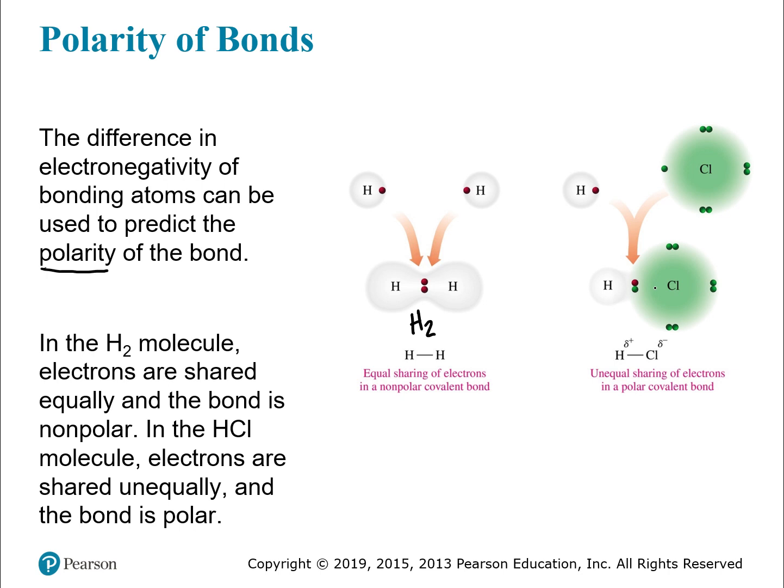But when you have a molecule like HCl, there's a bigger difference in the electronegativity of hydrogen and chlorine. So it's an unequal sharing. That's going to give you a polar covalent bond.